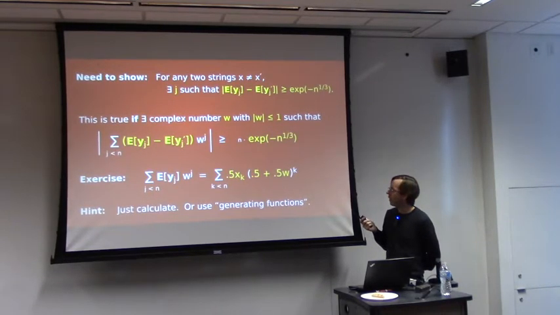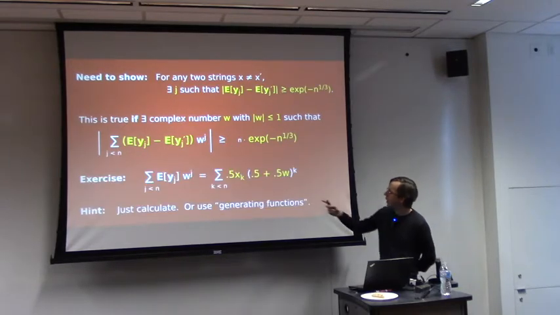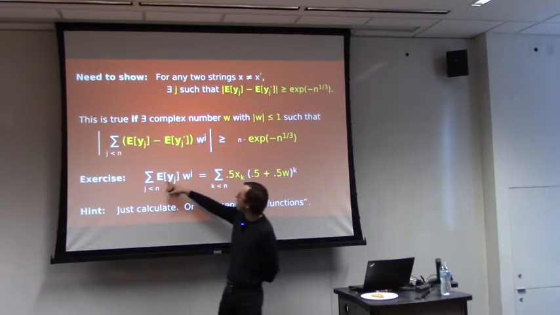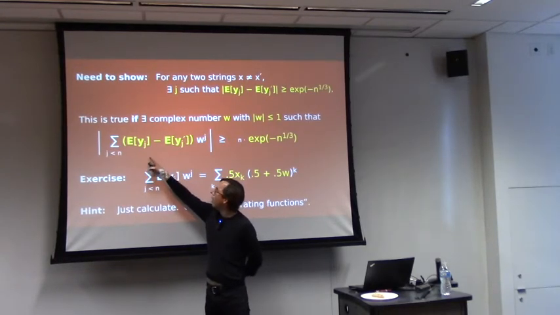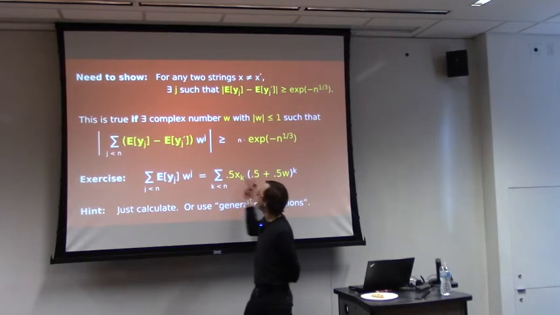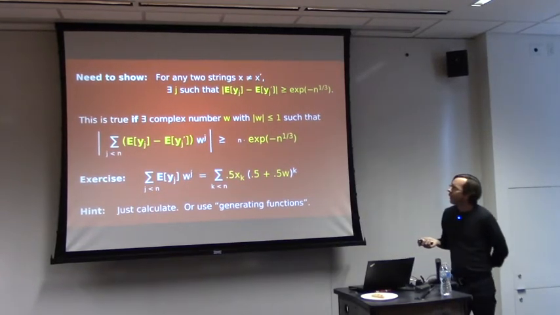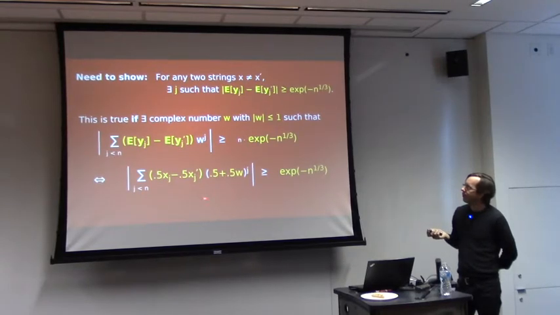Okay, good. So I have this expression appearing twice here, once with y and once with y prime. So I'll just plug this in up here. So it's equivalent to this. Yeah, it's equivalent to that.